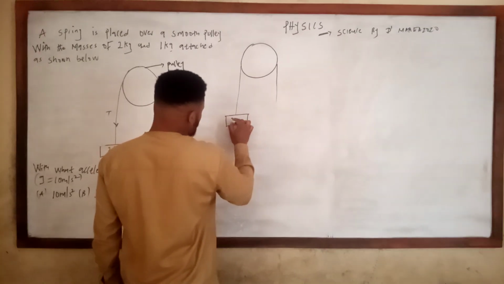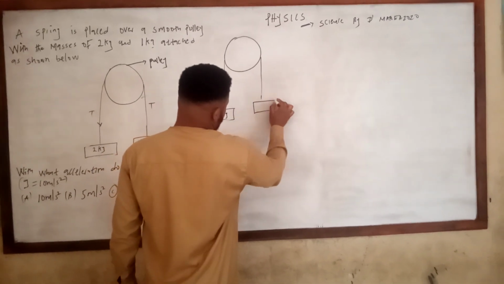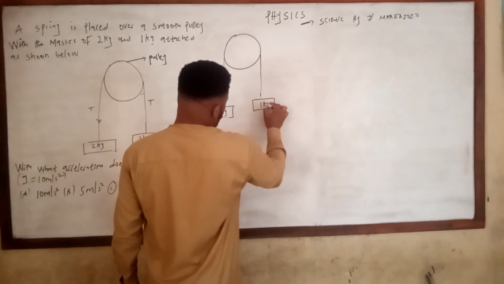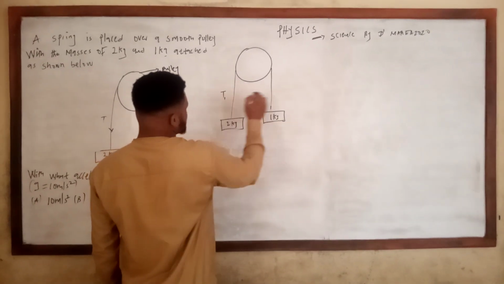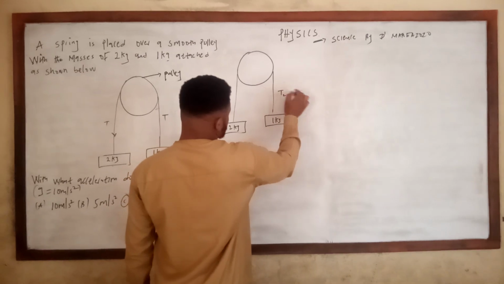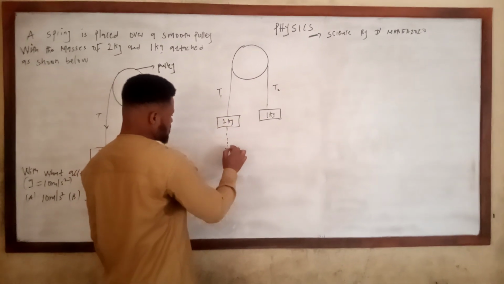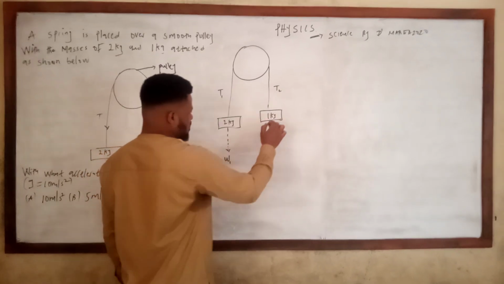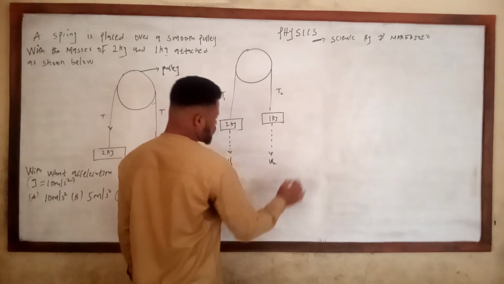Here they gave me 2 kg, and here I have 1 kg. I will label this tension T1, and this one T2. Now let's represent the weights. I will call this one W1, and this one W2.